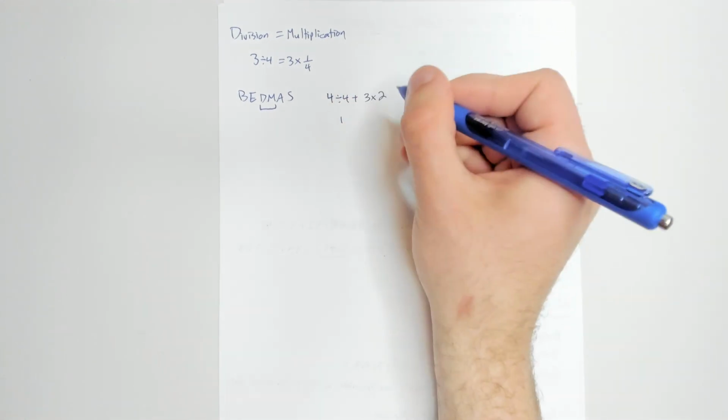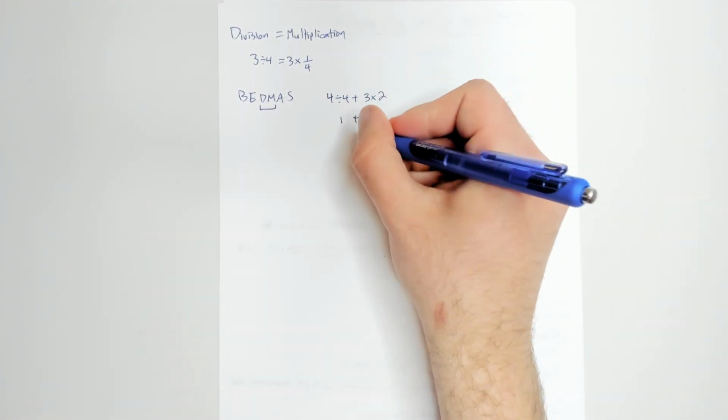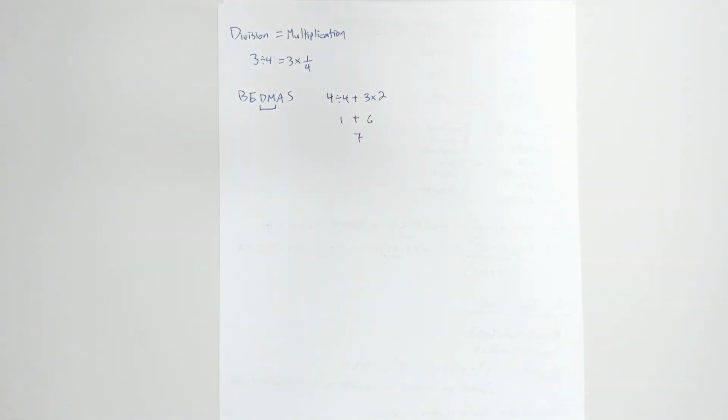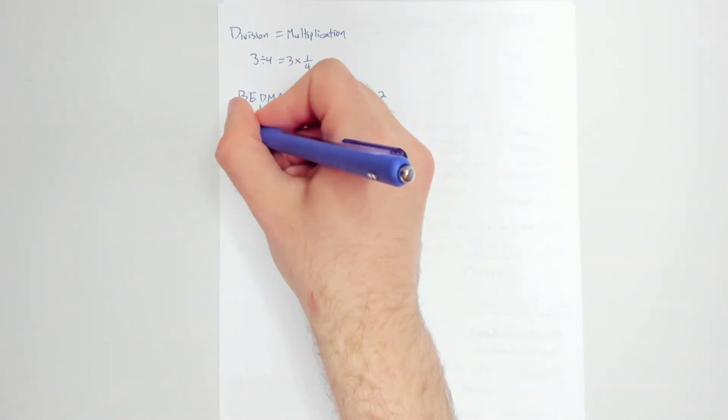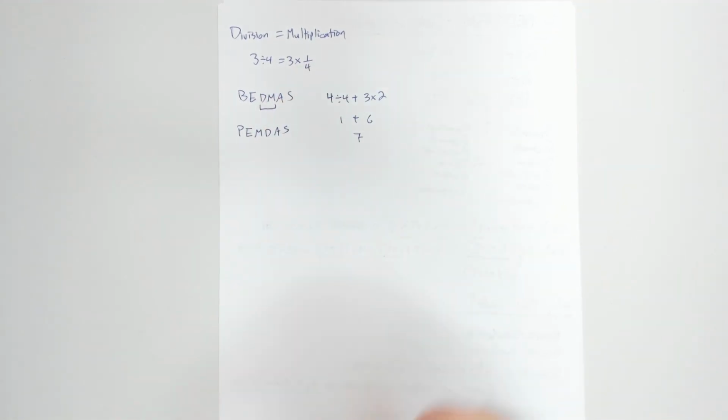But we can do 4 divided by 4 is 1, and 3 times 2 is 6, and these are completely separate of each other, and then we can add them together afterwards. And this is also the reason in the other acronym, PEMDAS, why they are done in a different order. Because the order doesn't matter in which the multiplication and division come because they are the same operation.